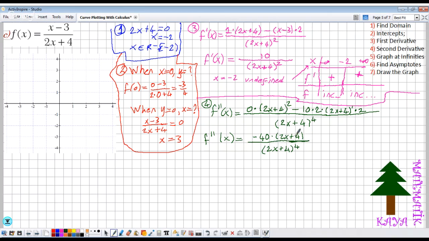If you simplify these two, since they are exactly the same inside the parentheses, you will have minus 40 over 2x plus 4 to the power of 3.